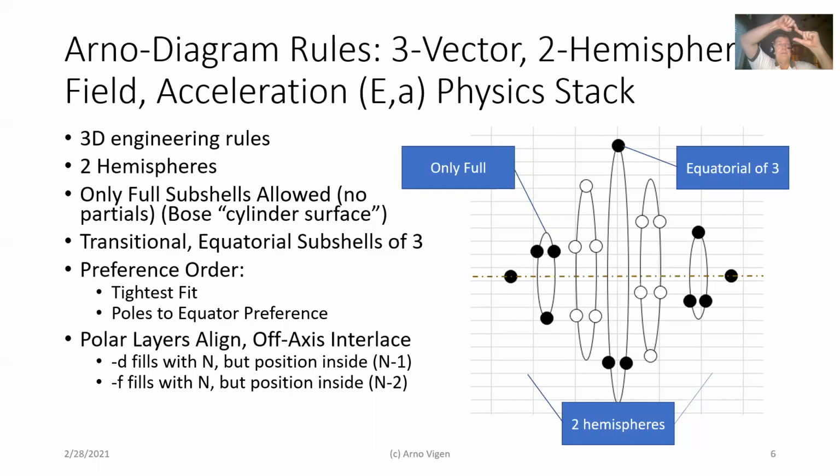First, that second electron is all the way over on the far side, okay? Second is you have not just 8, but you have these other rings. So I set up the 3D engineering rules for an Arno-Dot diagram that's based upon 2 hemispheres, there they are, and only full subshells allowed.